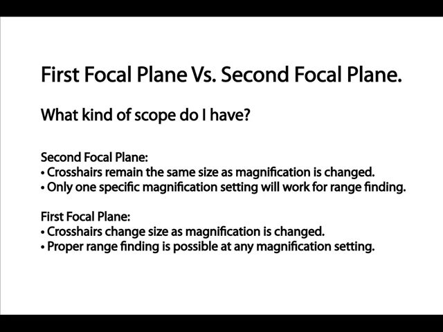So with a first focal plane scope, the advantage is you can use that scope for ranging and also for holdover and Kentucky windage, regardless of what magnification setting you have it set on.